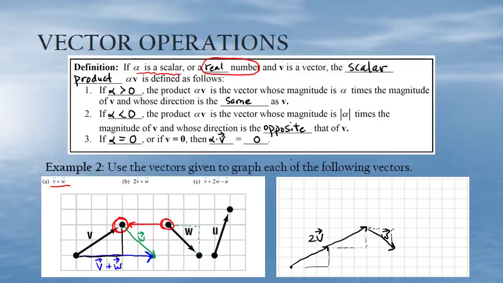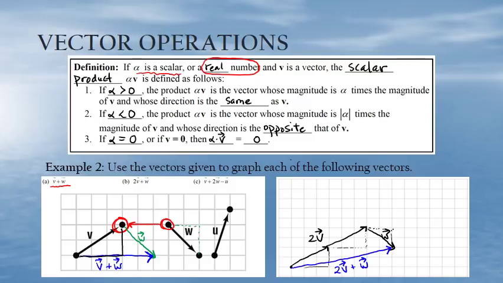But what did change is from where I started to where I end, that is my new vector called 2 times vector v plus vector w. So you have to connect them, you have to make sure that you have the direction indicated, and then you want to label what that vector is. Also note on this one that the 2 that's in front of the vector is what we call the scalar.